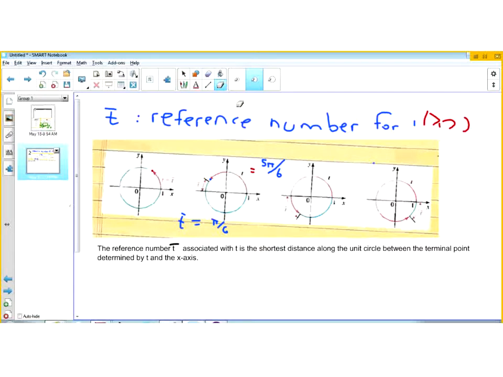In this particular figure, my terminal number t is 7 pi over 4, and my reference number would be this arc length distance along the unit circle. So the reference number is equal to pi over 4.